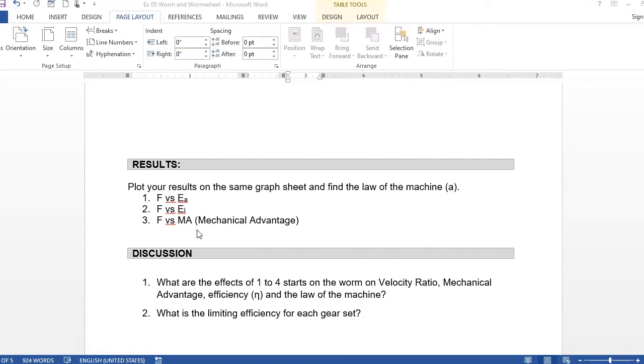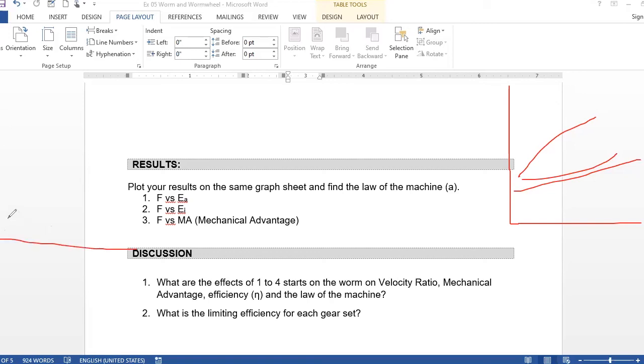So you have to take 2 graph sheets. I take the first graph sheet and draw. I don't know how it's coming. You have to draw 3 graphs on one graph sheet. Then on another graph sheet, you have to draw 3 graphs.